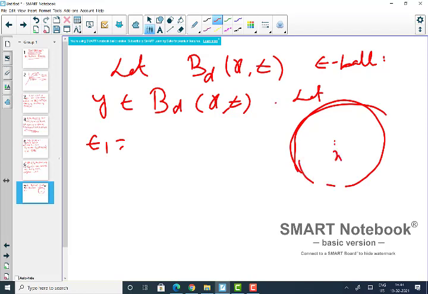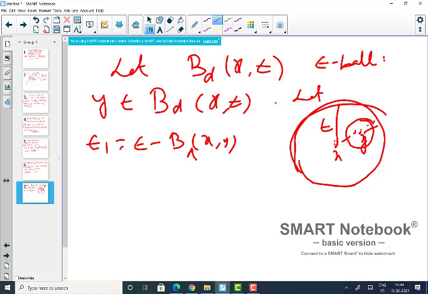Now you are choosing another point y, and checking what this distance is, because I want to find one more ball inside there. This is my total epsilon, and epsilon 1 is epsilon minus the distance between x and y.